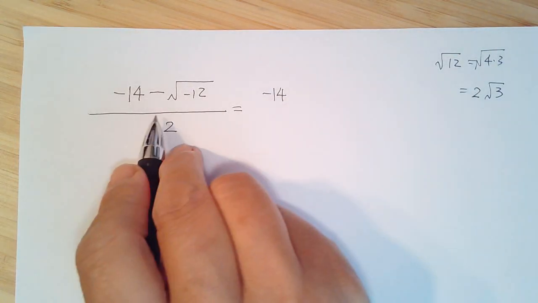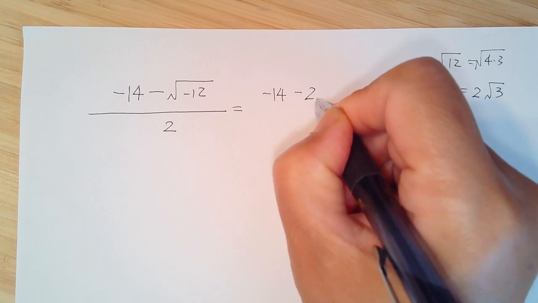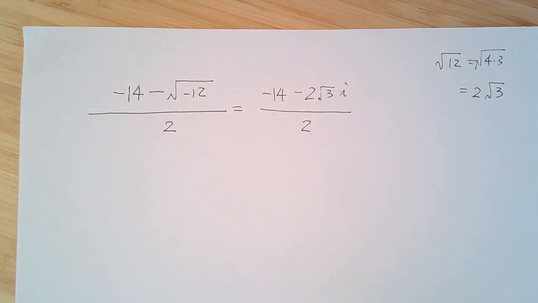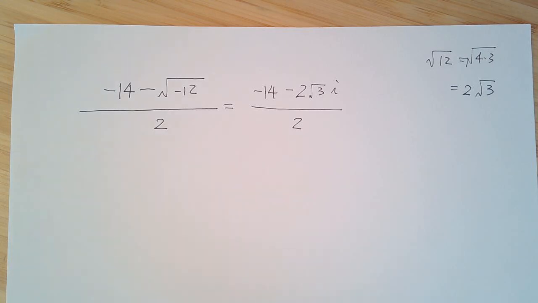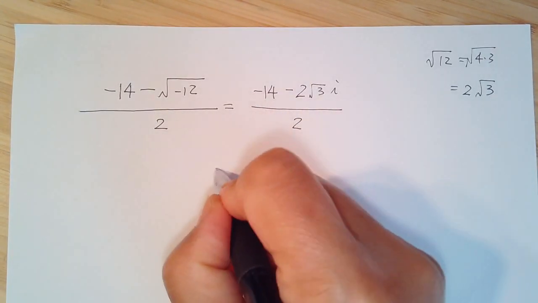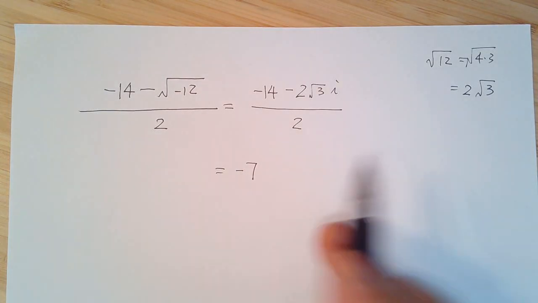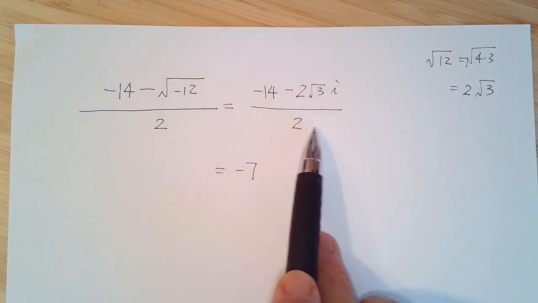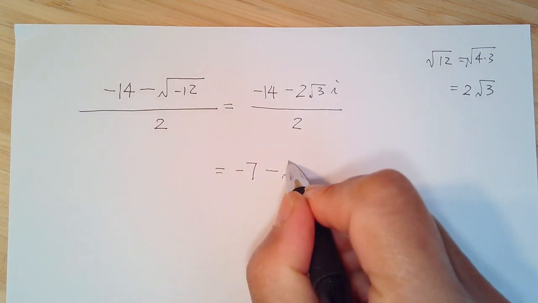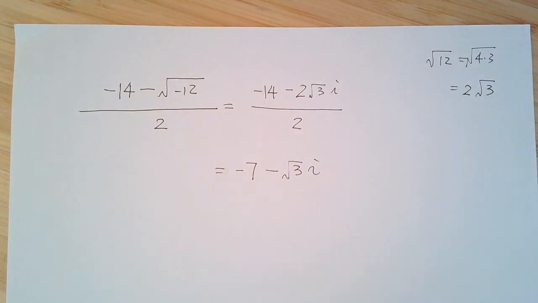So here will be negative 2 root 3 i over 2. And then the real number part will be just negative 14 over 2, so that's negative 7. And the imaginary part, this 2 and this 2 canceled out, so I get a negative root 3 i. When you work on this type of questions, you might want to be super careful and make sure that you're not missing anything.